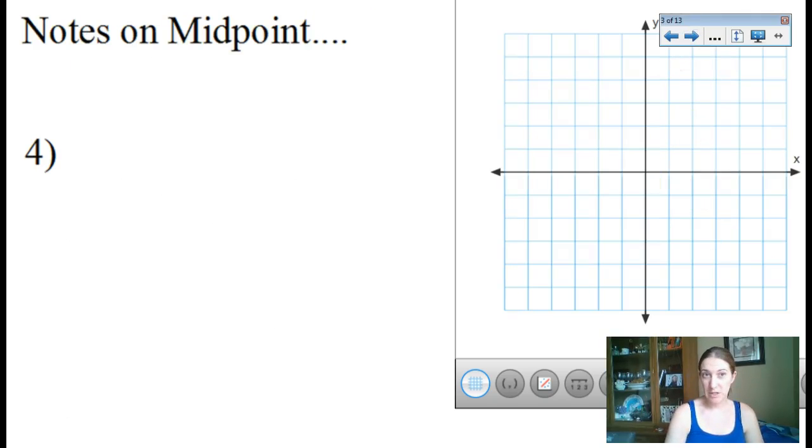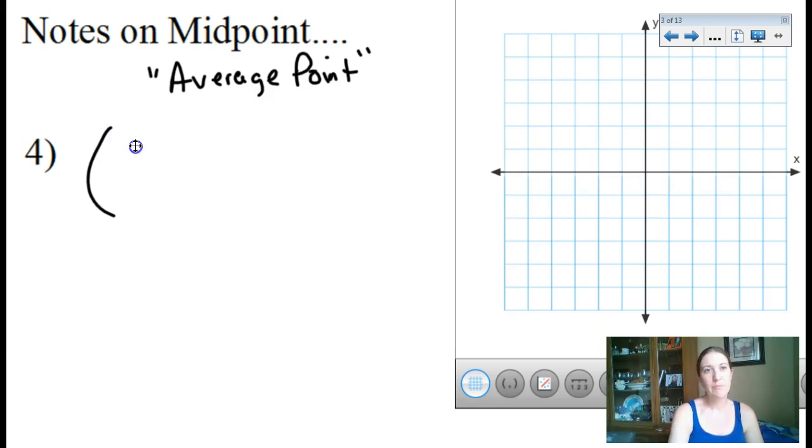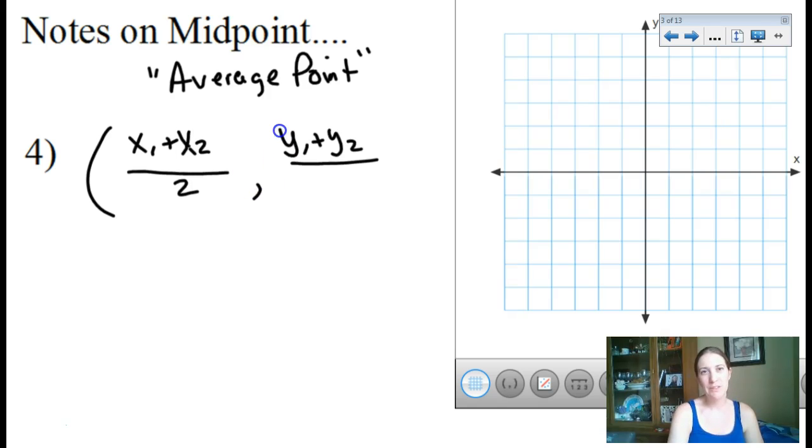So that was distance. Let's talk about midpoint. Midpoint, again, I'm really terrible with formulas, so I think of this as what it is, and it is finding the average point. So if you're finding the middle of two things, you're finding the average of them. The midpoint formula is x1 plus x2 divided by 2, and then y1 plus y2 divided by 2.